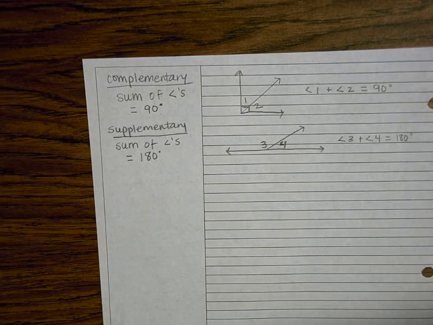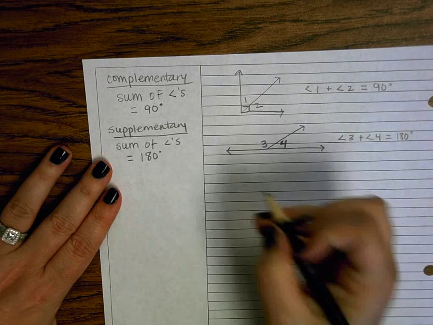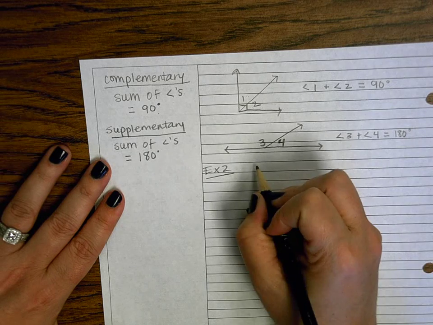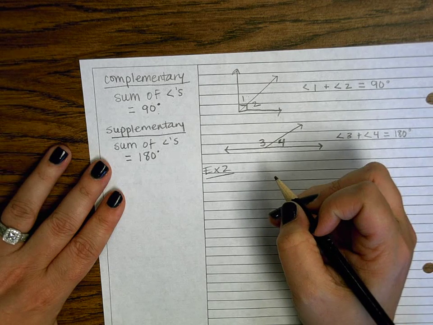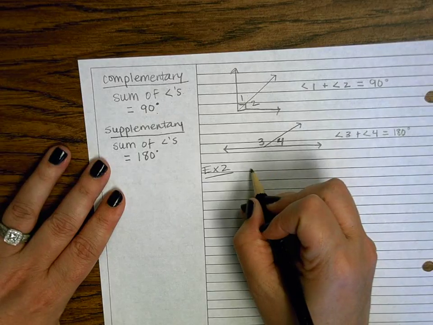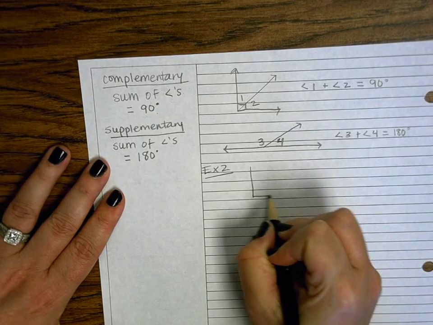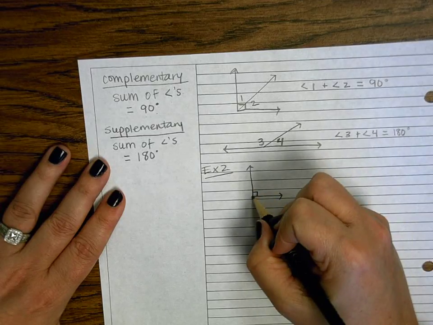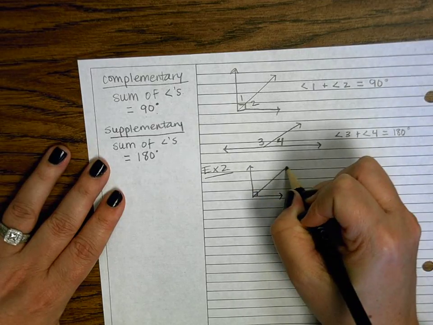So how you see these in algebra, we just have two more examples and then we're done. Example 2. Both of these we're going to find the missing x. I'm just going to use x for a variable. The first one, we're going to draw a 90 degree angle, and then we're going to bisect that again, just like my little picture above.